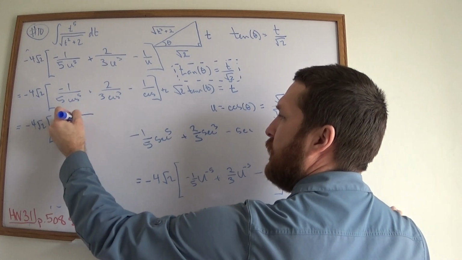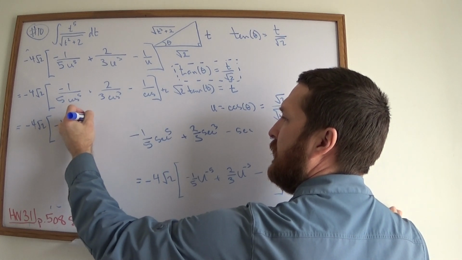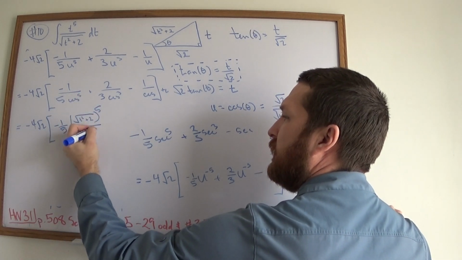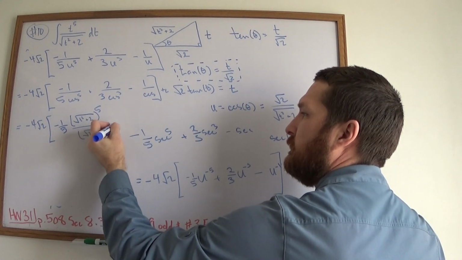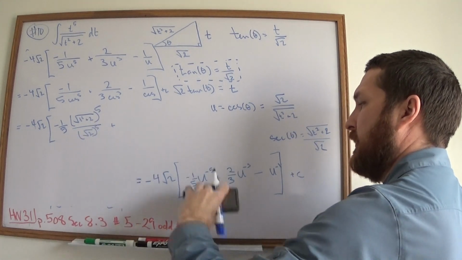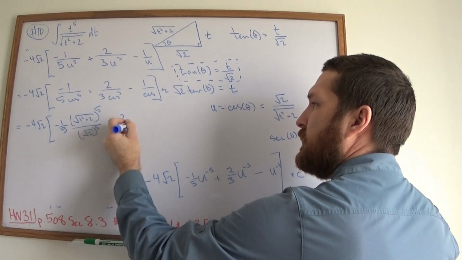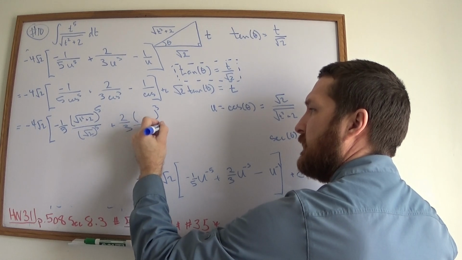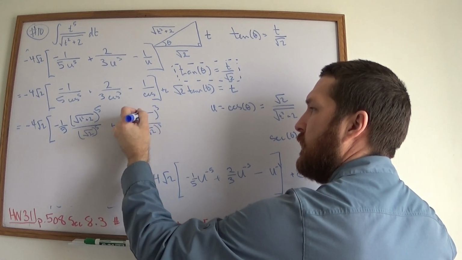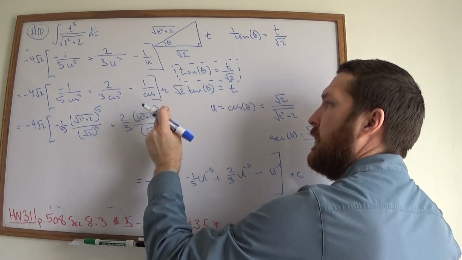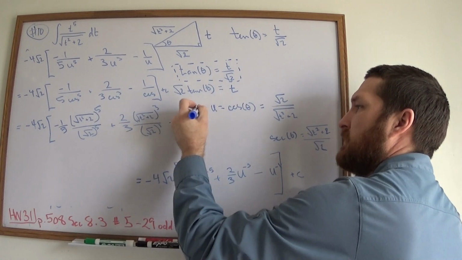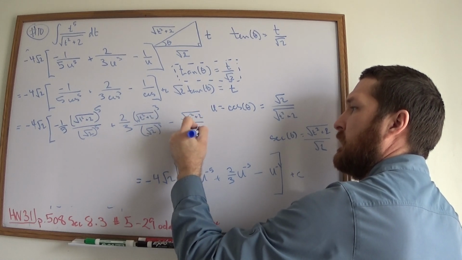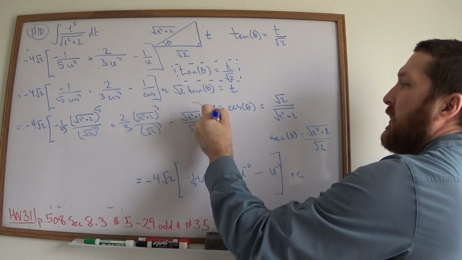So that's root t squared plus 2 to the 5th over root 2 to the 5th, plus 2/3 that stuff to the 3rd over that stuff to the 3rd. Bottom's that. This is root t squared plus 2, minus, now it's just 1 over cosine, which is this. Plus a constant.